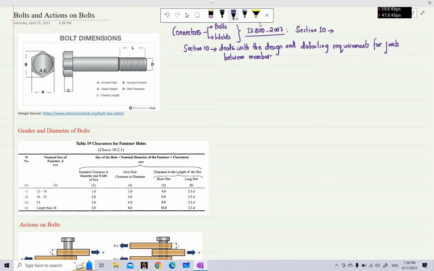This is what is written in the introduction to Section 10 in IS 800. It also says, as we discussed in our first lecture, the connections in a structure shall be designed so as to be consistent with the assumptions made in the analysis of the structure.